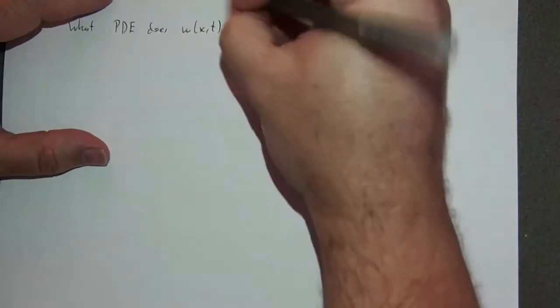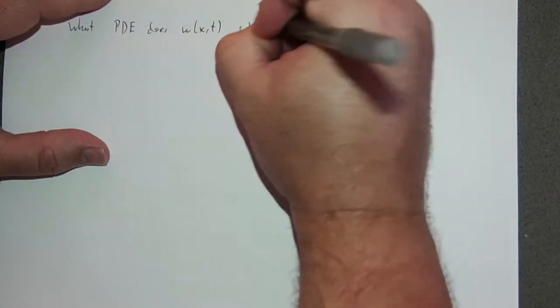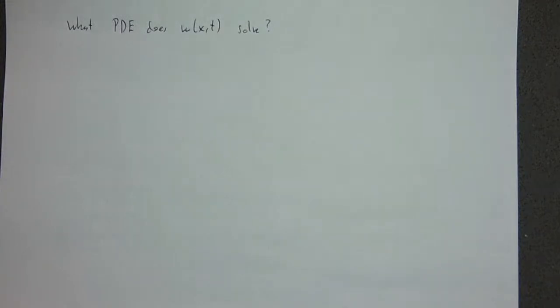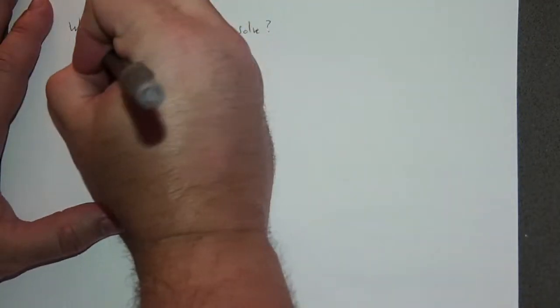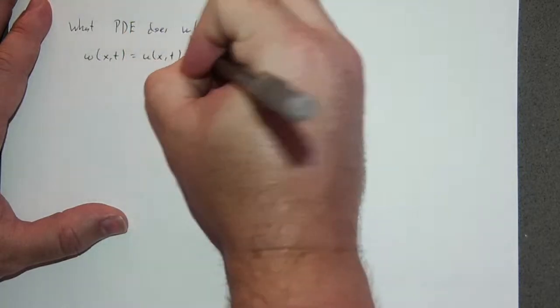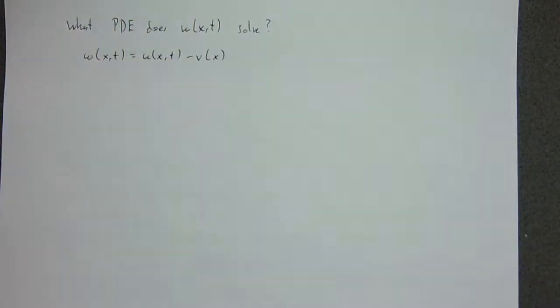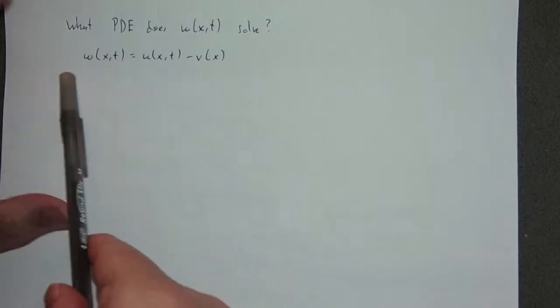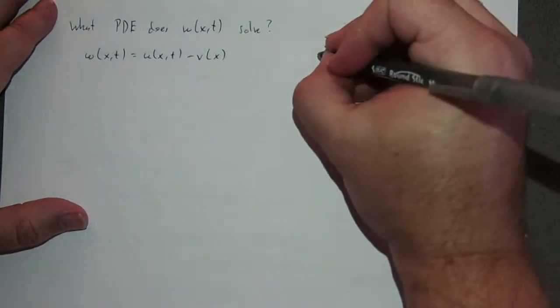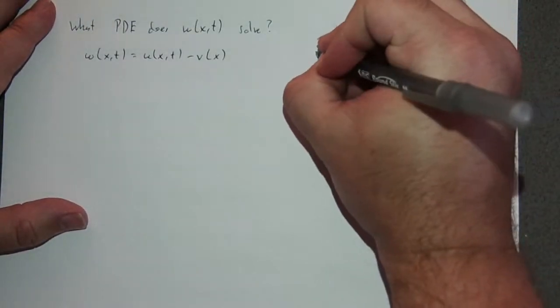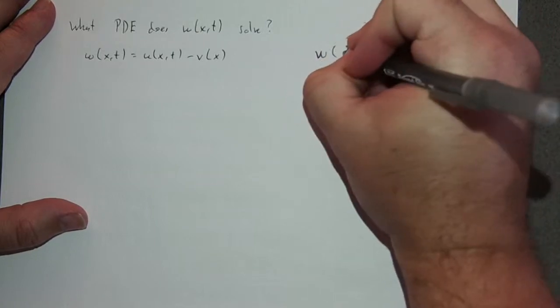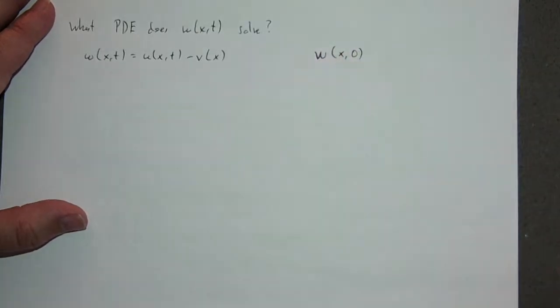So what PDE does W of x,t solve? Recall, W of x,t is U of x,t minus V of x. Well, what about its initial condition? What is W of x,0?